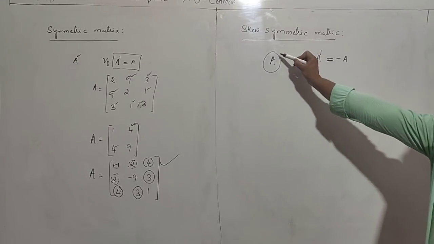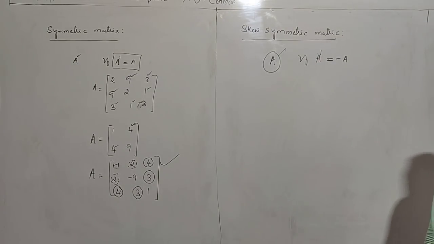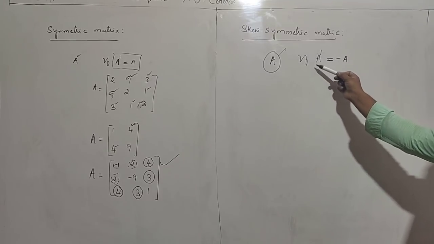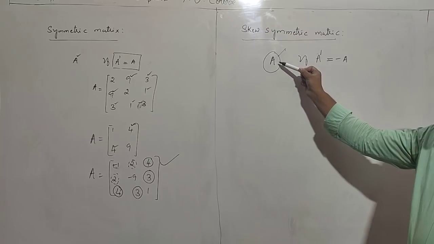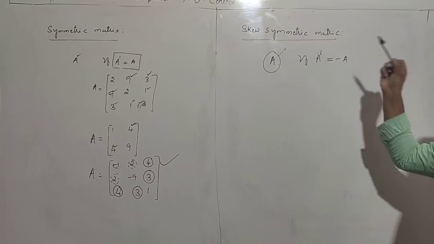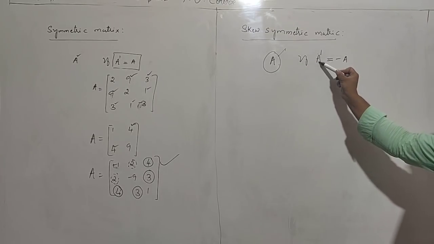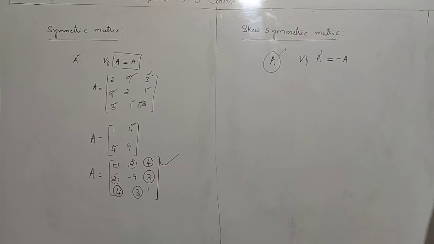A square matrix capital A is said to be skew symmetric if A transpose equal to minus A. Then what is an example?